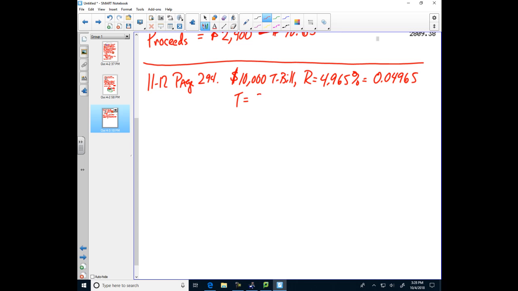T equals 3 months. So here's what we're going to do. First, let's find the interest, the dollar interest. This is what the dollars it's going to be. We're going to be using this number right here.